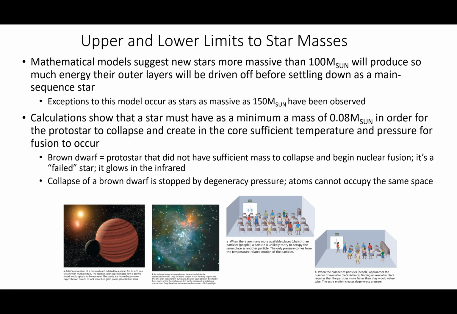As it came together, it could only squish as much as electron degeneracy would allow. It stopped. But good for us that it squished enough to create the pressure and temperature required for nuclear fusion in the core of the sun.